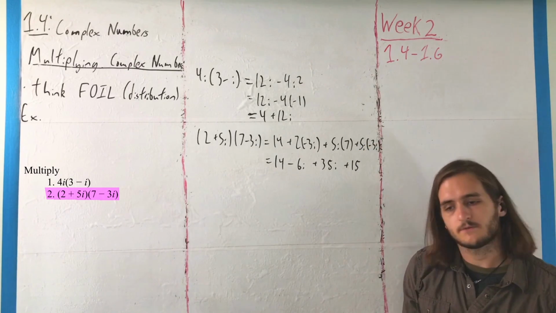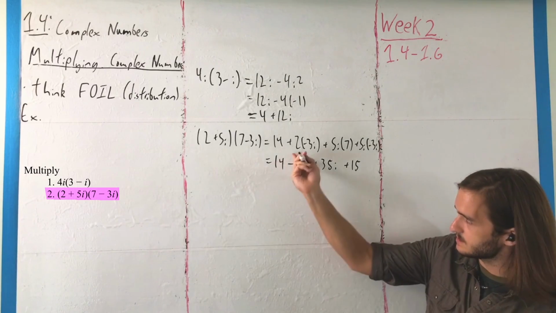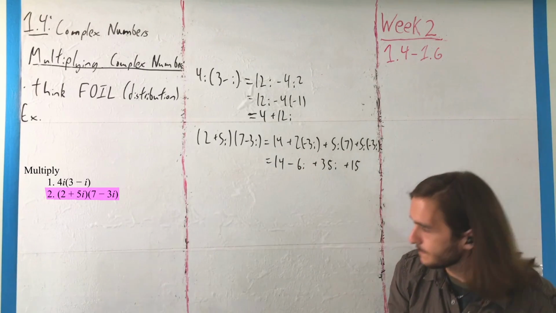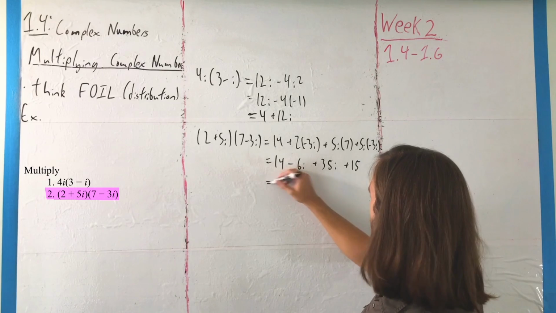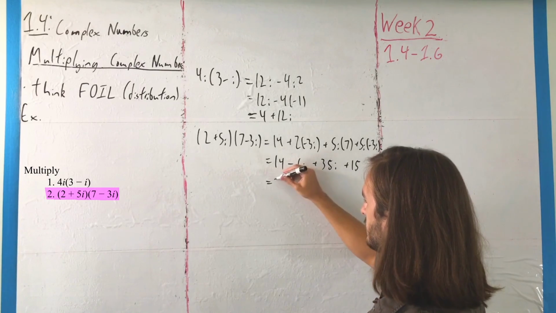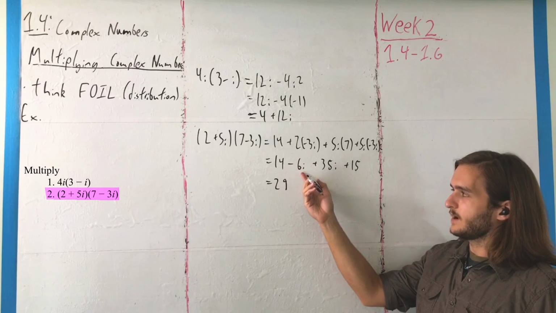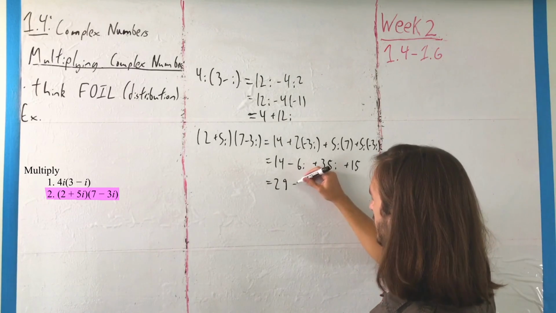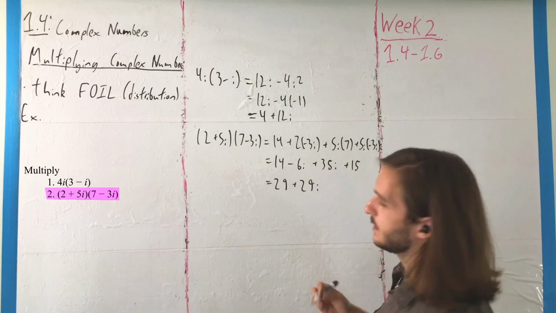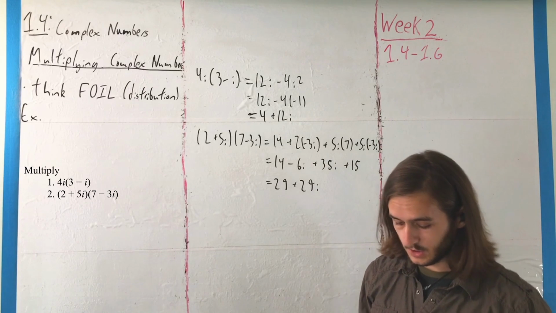So, because we like to simplify this stuff all down, I mean, technically speaking, this is correct, it's just unhelpful. What we would end up with is 14 plus 15, or 29, and 35 minus 6, or also 29i. And that's how you handle multiplication.